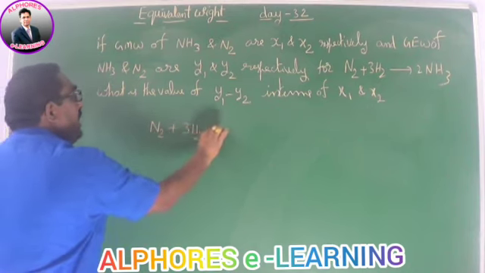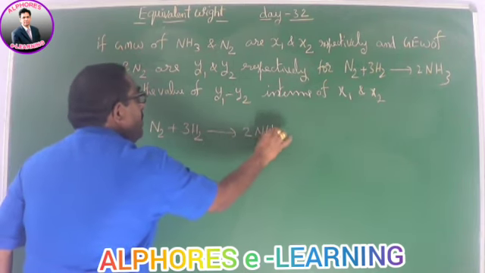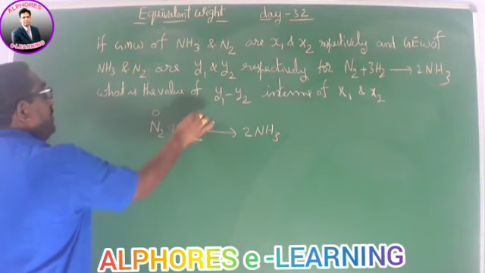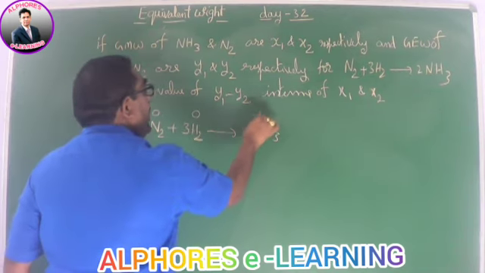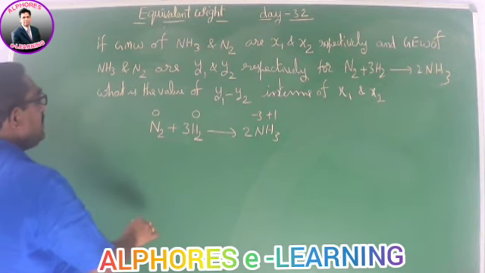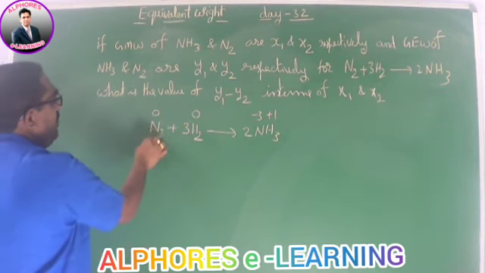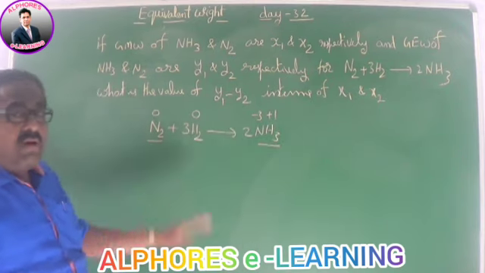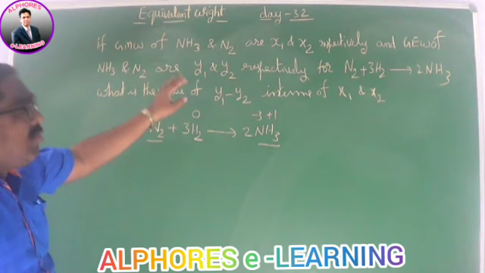N2 plus 3H2, note down, students, gives 2NH3. Here the oxidation numbers are 0, 0, and for nitrogen minus 3, and for hydrogen plus 1. Here the linking is between nitrogen and ammonia. No need to bother about hydrogen because it is not included in the data.